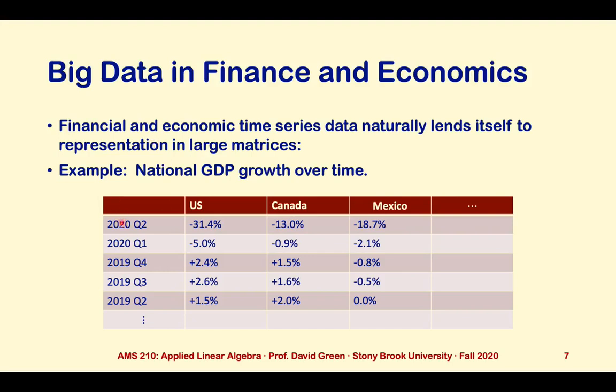You might imagine earnings reports per quarter for various companies. You might imagine stock prices per day, stock prices per minute. And depending on the resolution of the time data, we would have larger and larger numbers of rows, and depending on the number of different entities we're looking at, larger and larger numbers of columns.